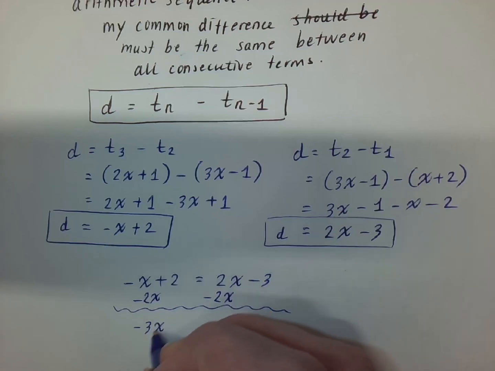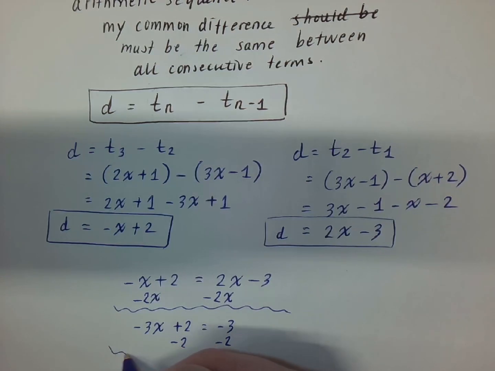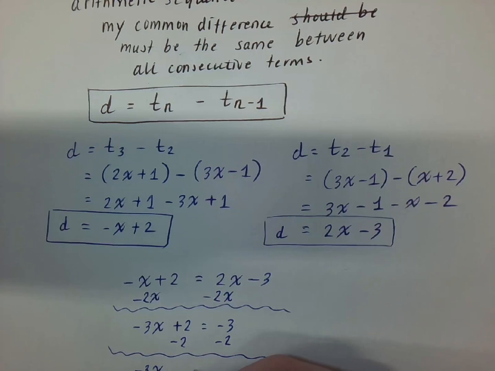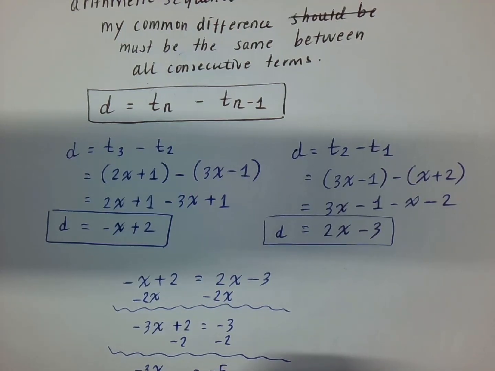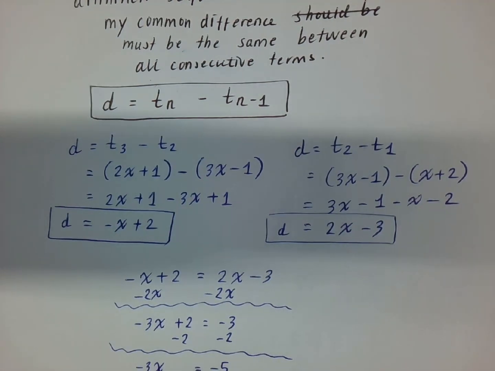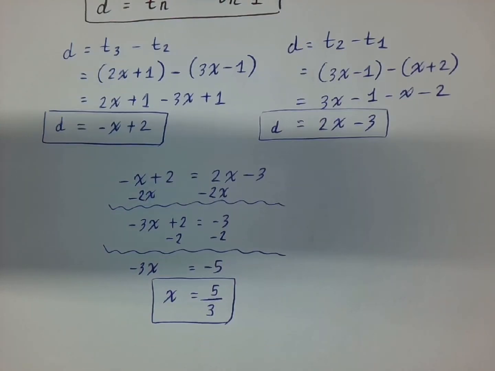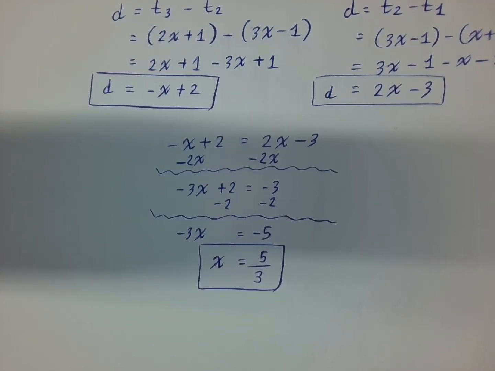Negative 3x plus 2 equals negative 3. Interesting. Well, if that's my x, I guess I can try to see what my values are then.